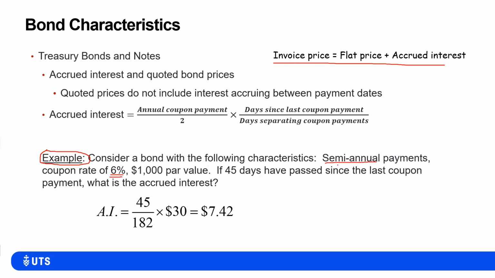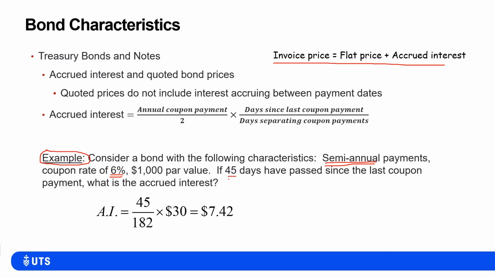Because we are faced with a bond with semi-annual payments, we have to convert this annual coupon payment into a semi-annual coupon payment. The face value is $1,000, and the number of days that have passed after the last coupon payment is 45 days.